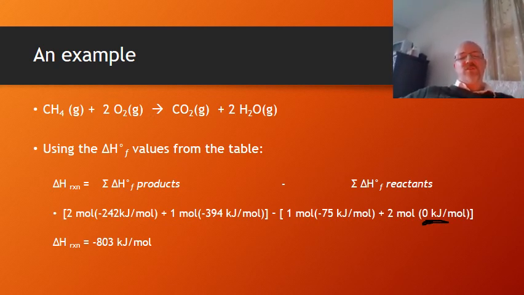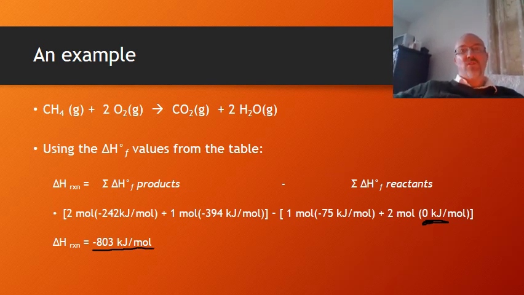And so the difference between the energy it takes to make methane from carbon and hydrogen and the energy it takes to make carbon dioxide from carbon and oxygen and hydrogen, 2 moles of water, from hydrogen and oxygen, the difference between those is negative 803 kilojoules per mole. So for every mole of methane, we get quite a bit of energy out, which is why natural gas is a good energy source.